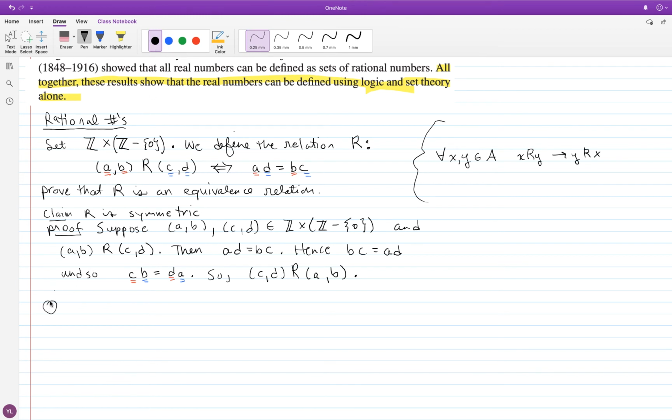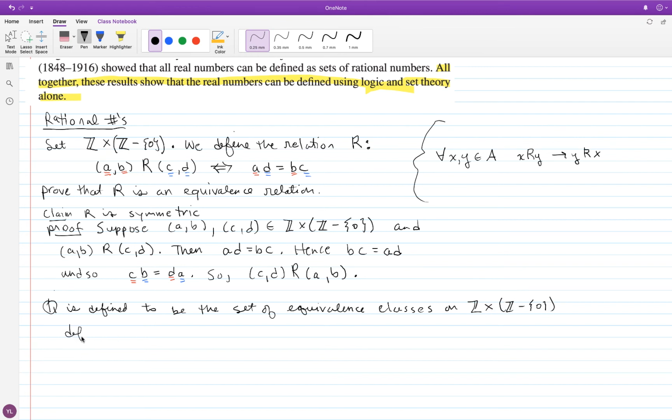So Q is defined to be the set of equivalence classes on this set defined by the relation R. And this is really weird because, just think about it for a second, an equivalence class is a subset of this Cartesian product.